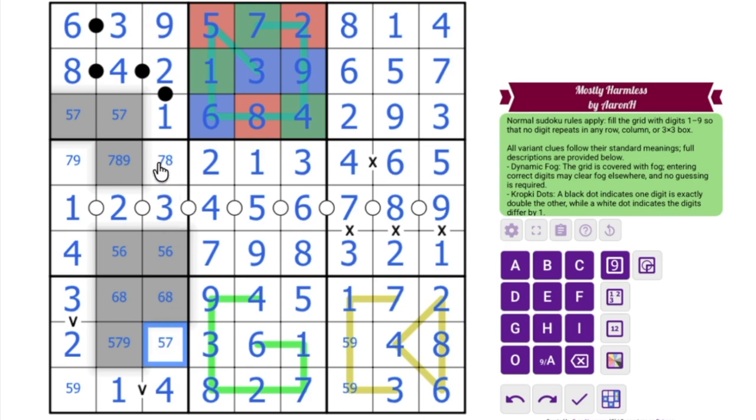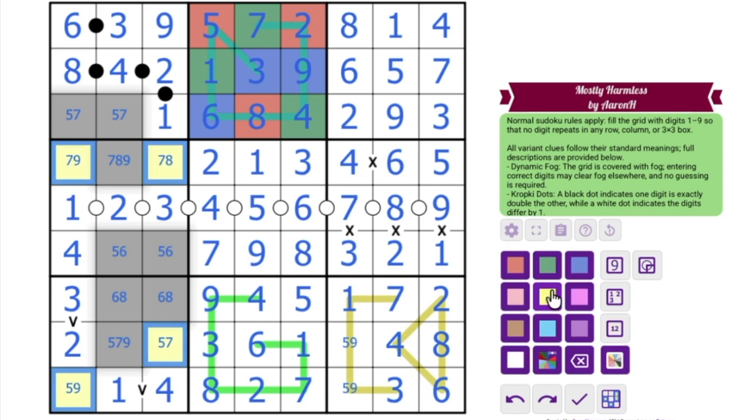So this here is in a setup which is known as a Y-wing or a bent triple, and it's sort of helpful. We'll highlight them so that they'll be easier to keep looking at.